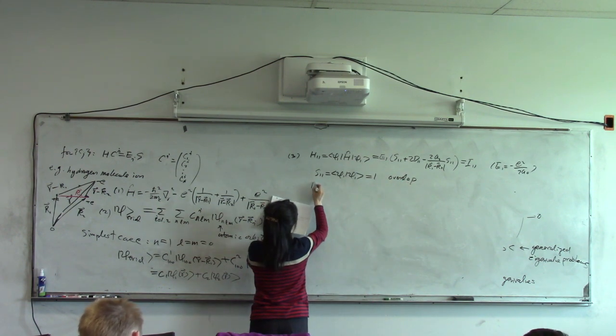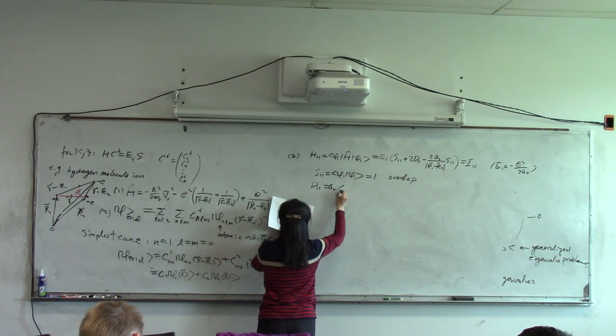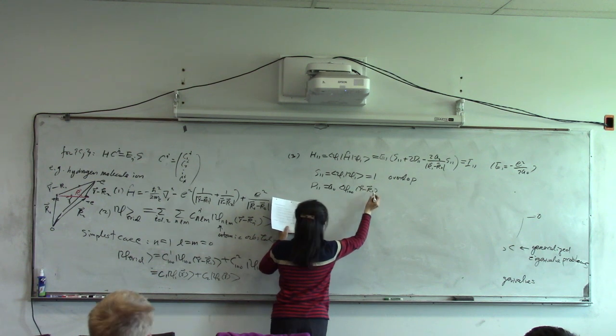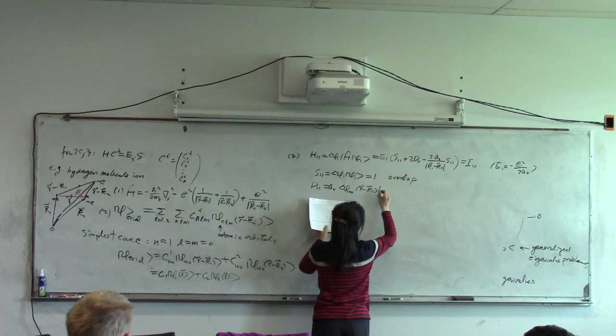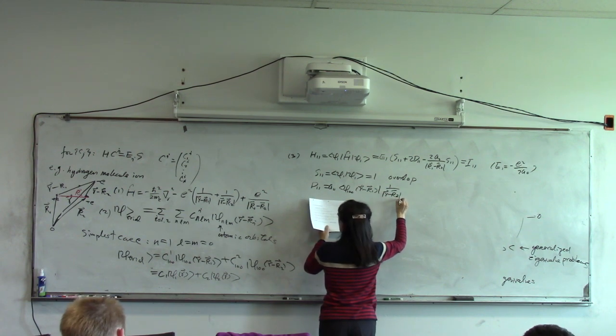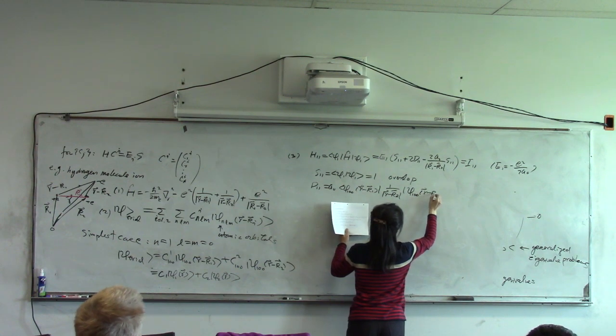And D11 is defined as the integral of psi_100(r minus R1) times 1 over |r minus R2| times psi_100(r minus R1).